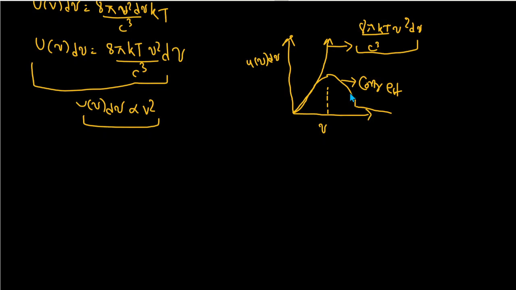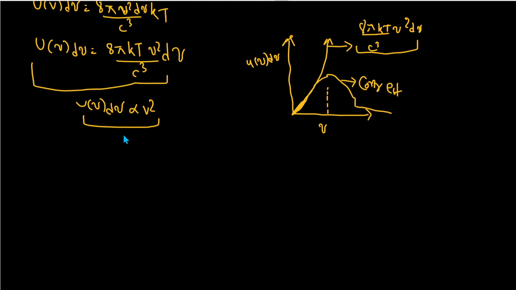And that's the problem with the Rayleigh-Jeans law: at low frequency you can think it works quite well, but at high frequency it breaks down, and that is the drawback of the law. One more thing you can do is integrate this term over all frequencies, from 0 to infinity, because there may be an infinite number of these standing waves.